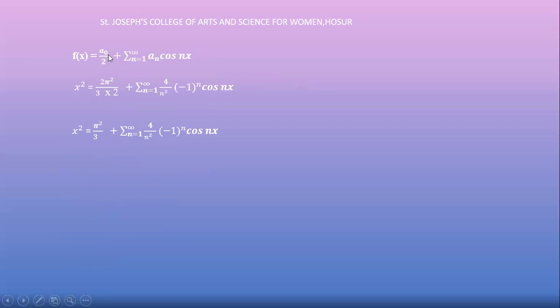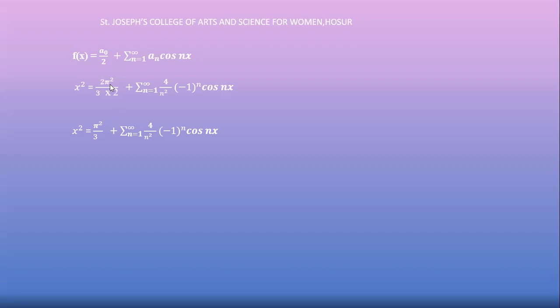So f of x is a naught by 2 plus summation an cos nx. A naught value we already found as 2 pi square by 3. So A naught by 2 is 2 pi square by 3 into 1 by 2.